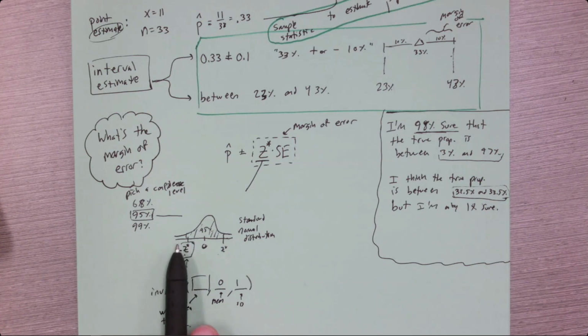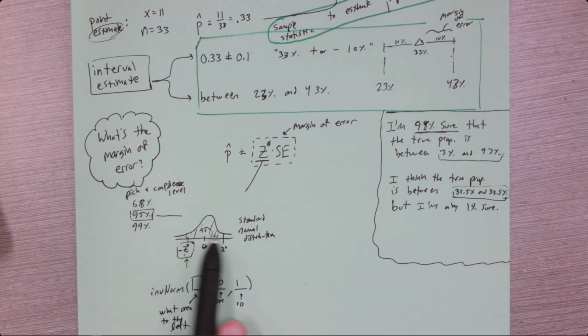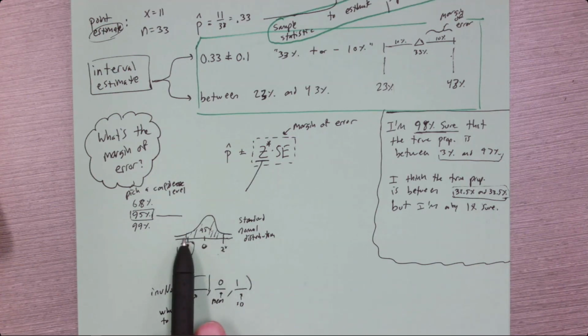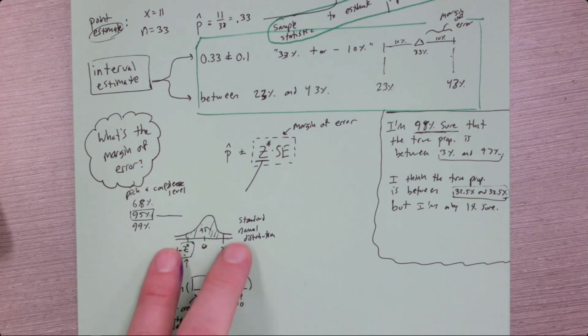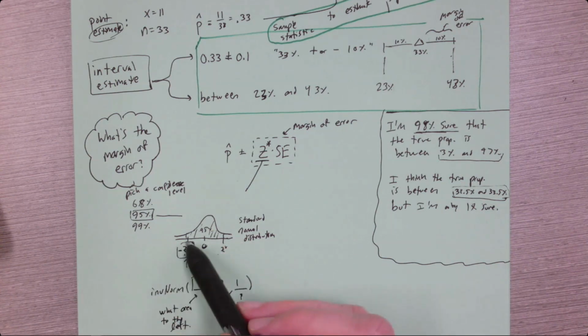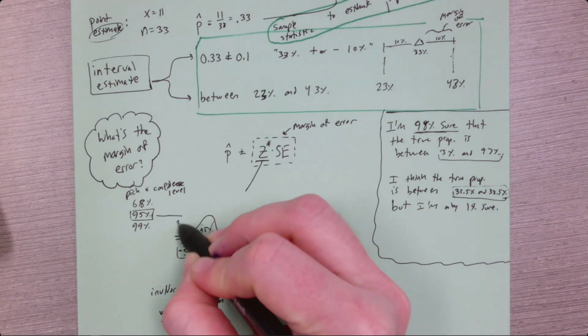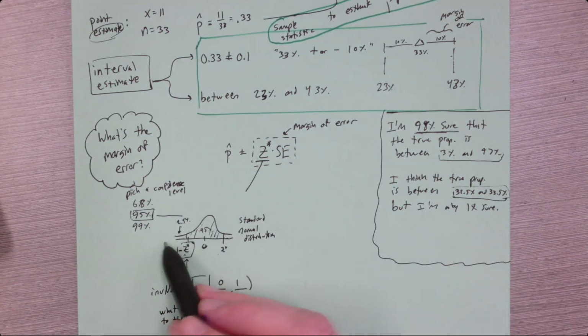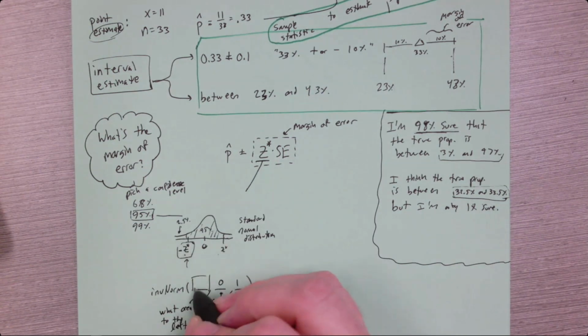Well, I have to do a very small amount of thinking here. 95% of the area under the curve is in the middle, so that must mean there's 5% left over. Because it's symmetric, that 5% has to get evenly divided between these two sides. So that must mean there's only 2.5% to the left of this z-score. So 0.025.